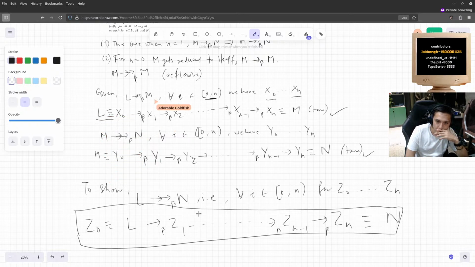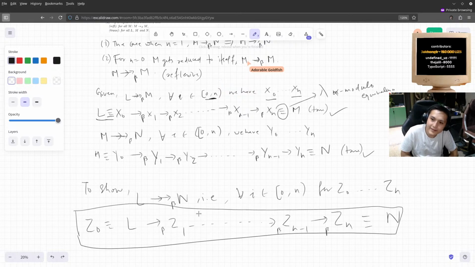So if you see these two statements, what's interesting is that we have this chain of x's that takes you from L to M. L is equivalent to x0 and M is equivalent to xn. Remember, this equivalence is alpha modulo equivalence, the big lambda classes we talked about. Basically they're syntactically the same.